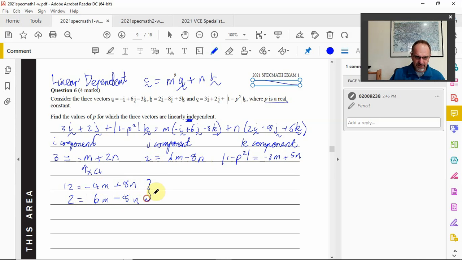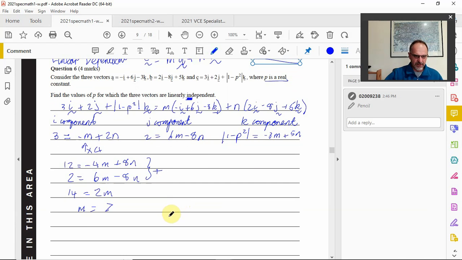And so if I add those two things together, I get 14 equals 2m. And so from that, m would be equal to 7.